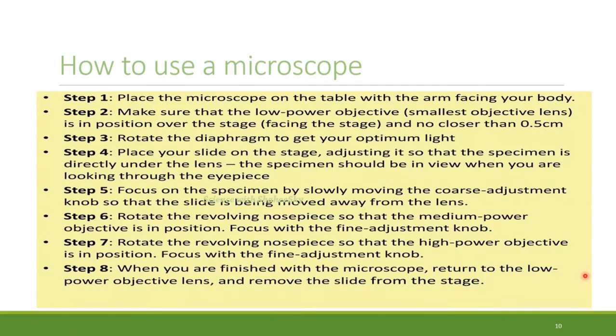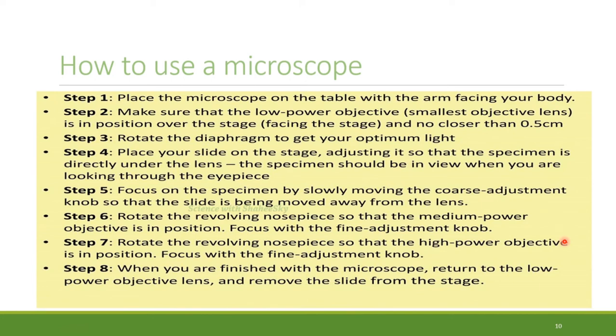Now let's move on to how to use a microscope. Place the microscope on a flat table facing your body. Then make sure that the low power objective, the small objective lens, is in the position over the stage and no closer than 0.5 centimeters.